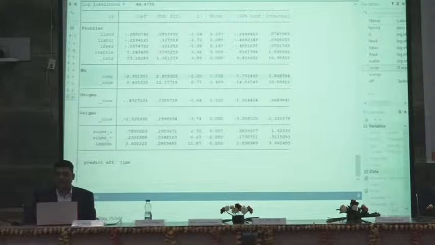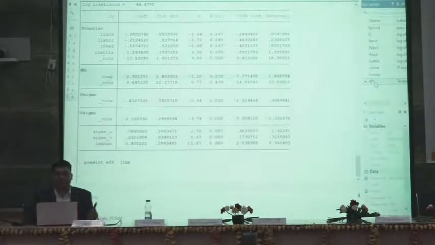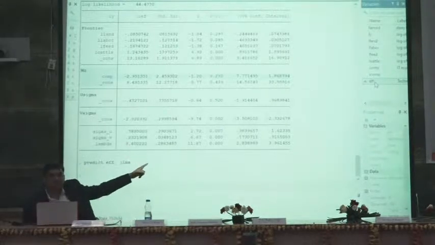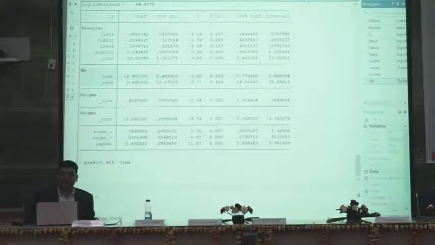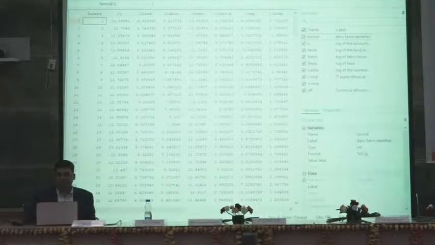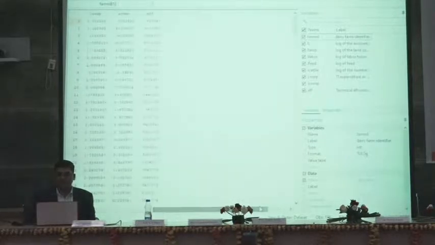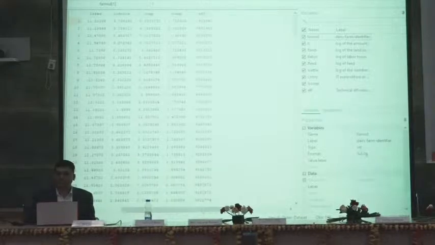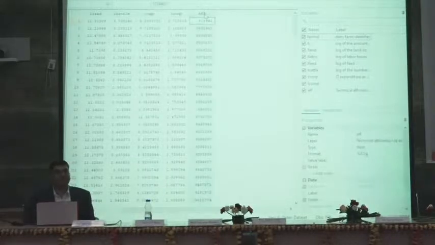You will get the variable EFF on the right side. This is the efficiency term. Now you can look in the editor window. You will get the efficiency of each and every farmer. This is the efficiency.